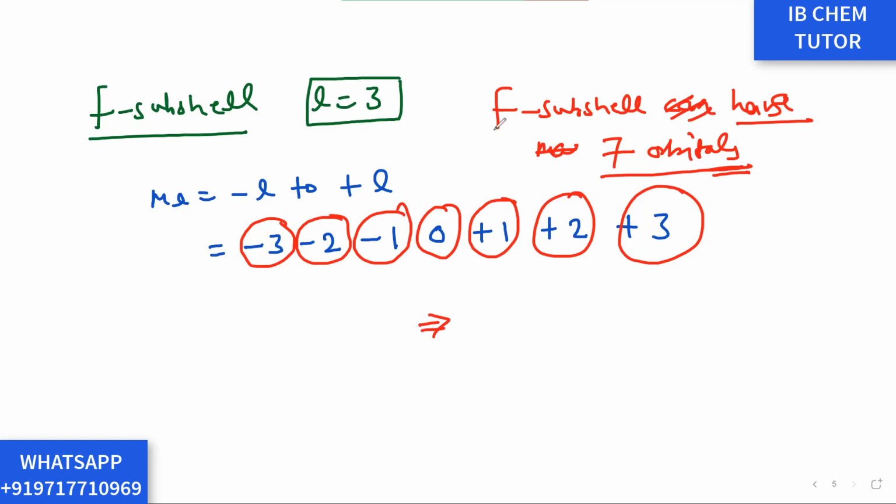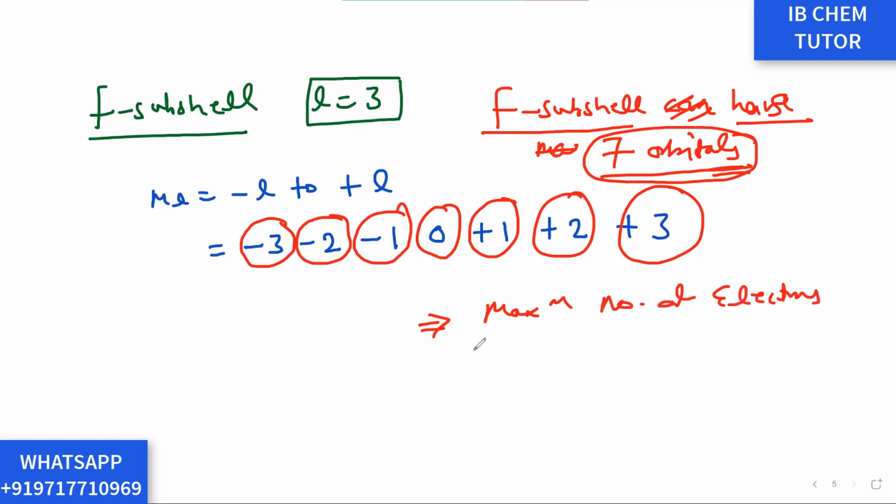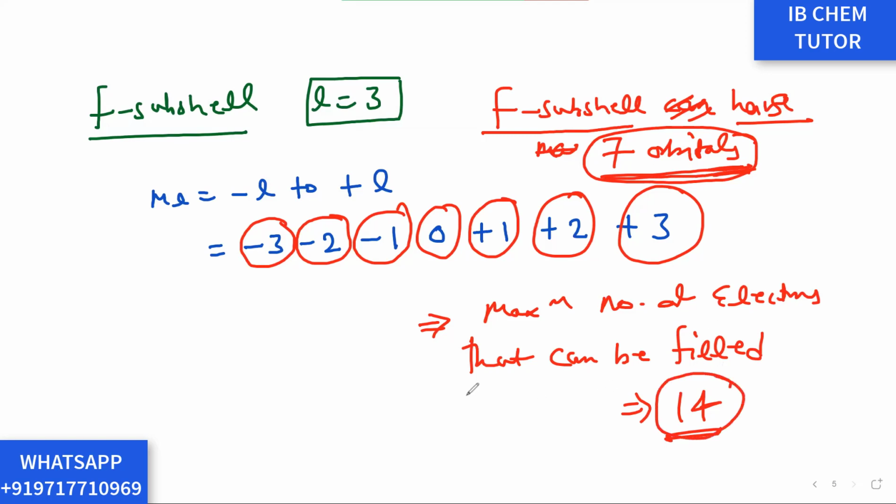The maximum number of electrons that can be filled in the F subshell, as it has 7 orbitals, is how much? 14. Right? Because you have 7 orbitals, and I have already told you that one orbital can have maximum of 2 electrons. So 7 orbitals can have maximum of 14 electrons.